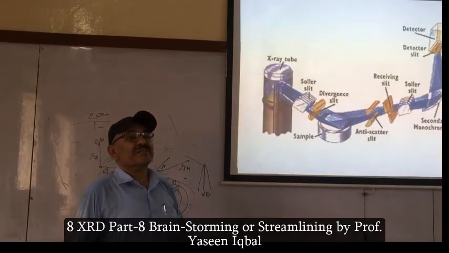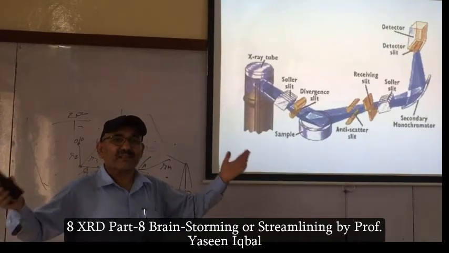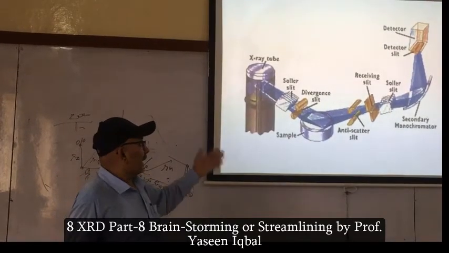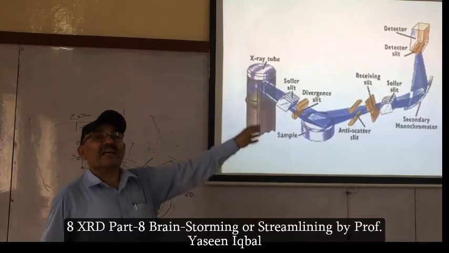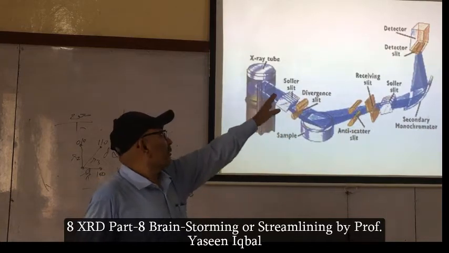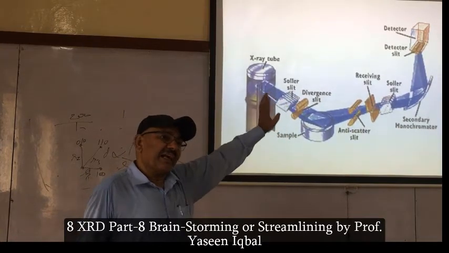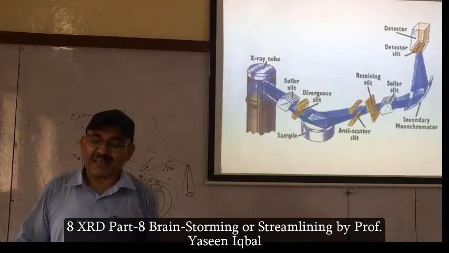The receiving slit means to filter out the scattered radiations at larger angles. And then secondary monochromator, then again you combine the beam, right, to go into the detector, and the detector then gives you intensity at different angles.